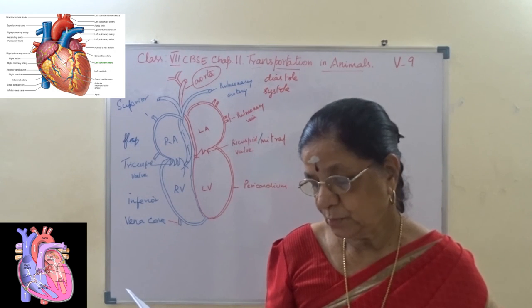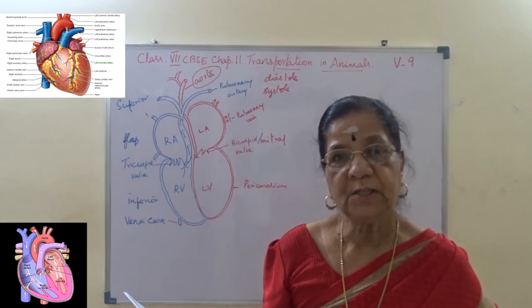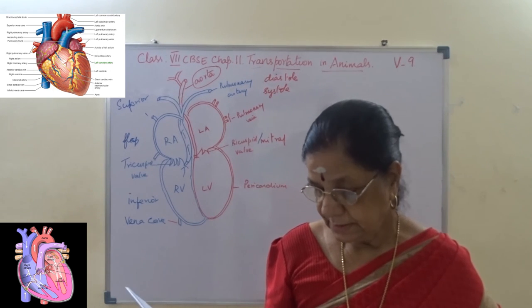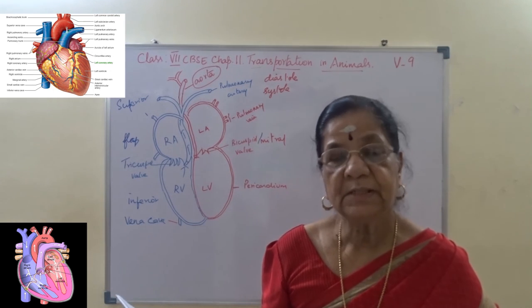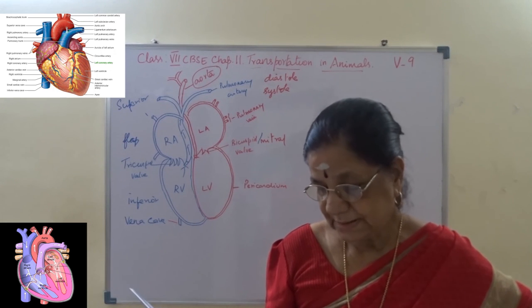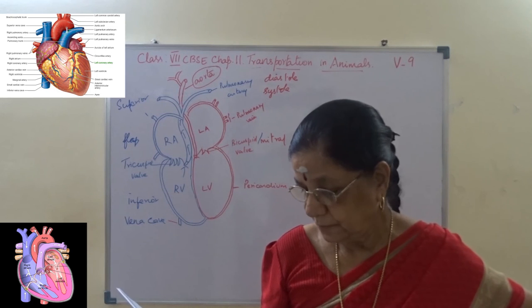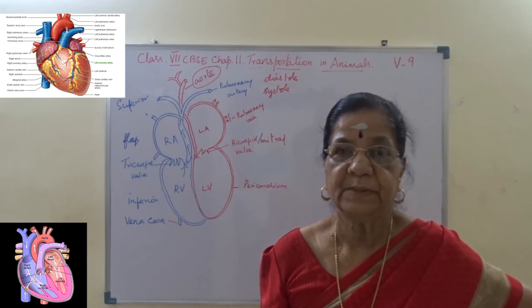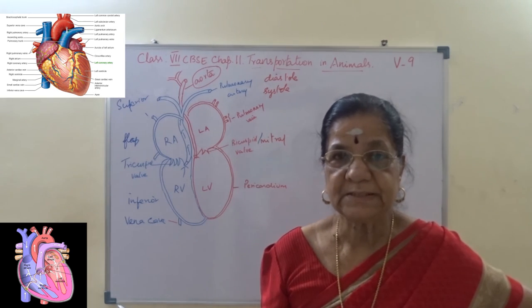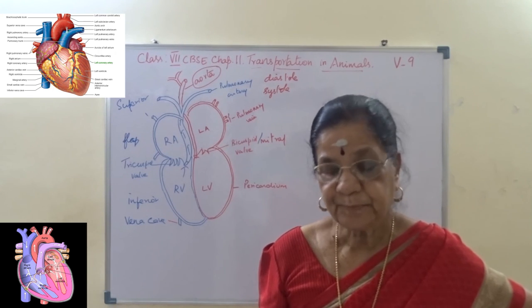The throbbing movement due to blood flowing in the arteries is called pulse. The number of beats per minute is called pulse rate. At rest, a person usually has a pulse rate between 72 to 80 beats per minute. I hope you understand. Another term we come across, blood pressure.